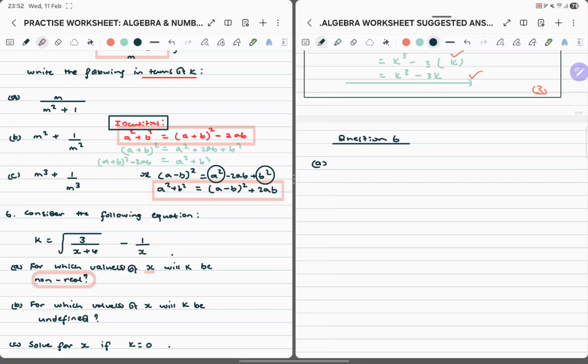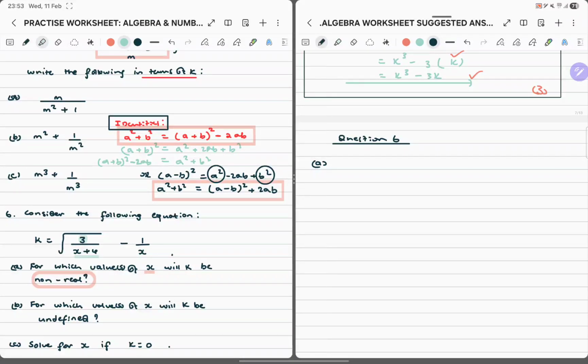Okay. Now when we have radicals, for this to be non-real, it means there must be a negative under the square root sign. But now if we look under the square root sign, we'll already appreciate that 3 is positive. So 3 is positive. There's no questions about it. So the beef with us here is that guy.